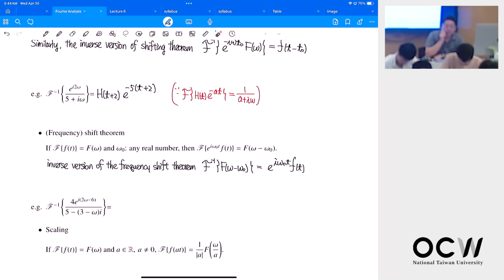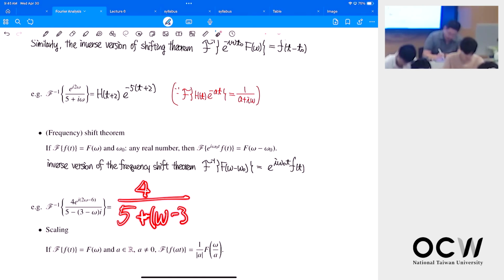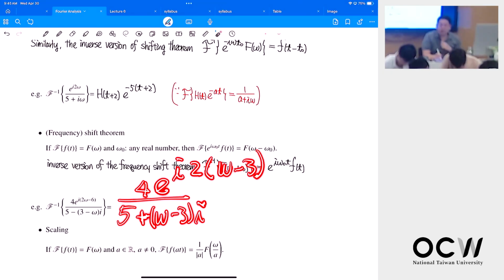We need to rearrange that: 4 divided by 5 plus omega minus 3 times j in the denominator. Now in the numerator, e to the j 2 omega minus 3.